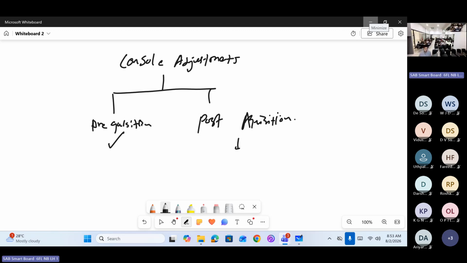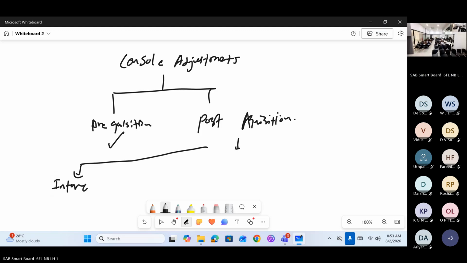We can put the topic: intercompany loans and borrowings. Write the topic.